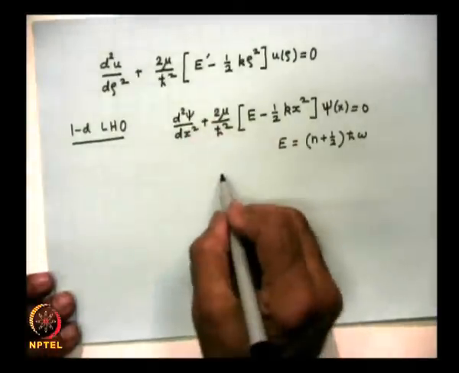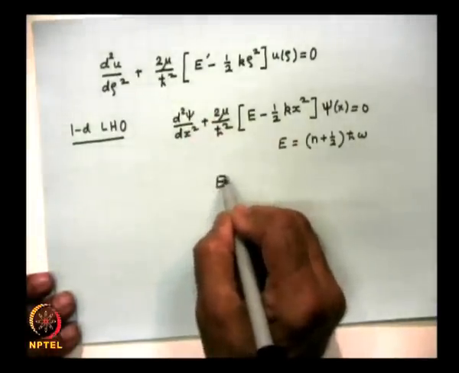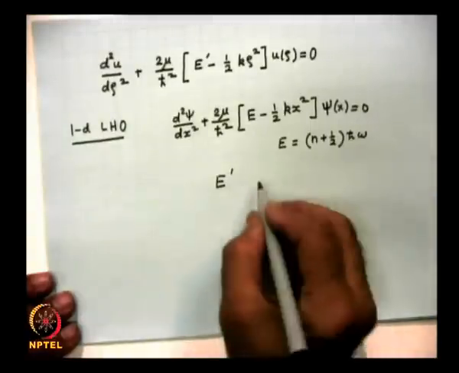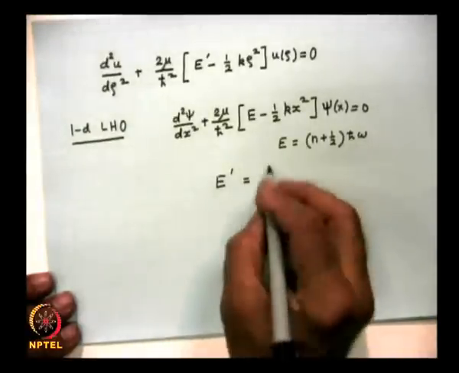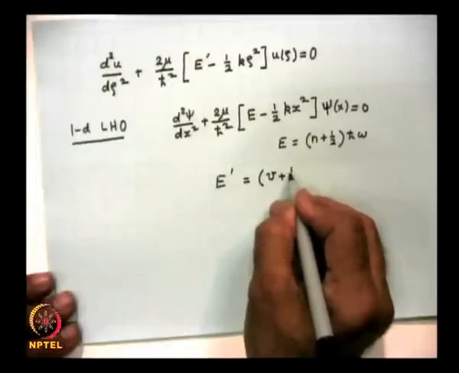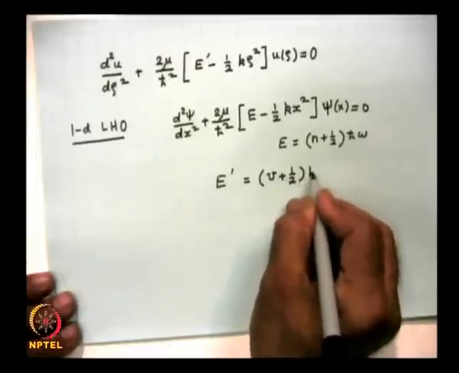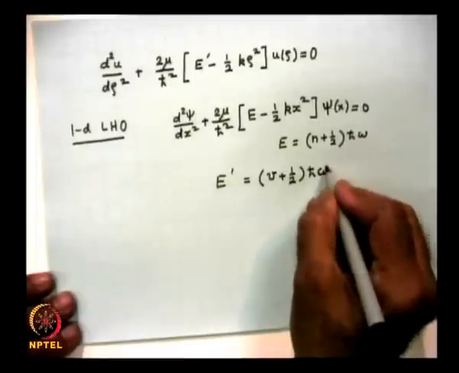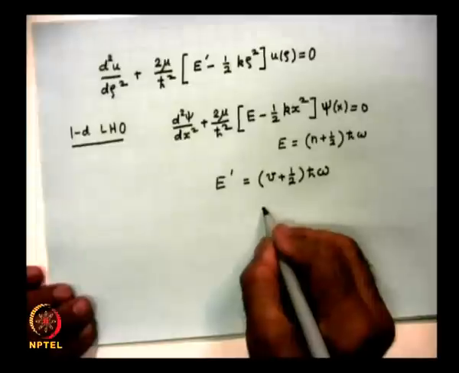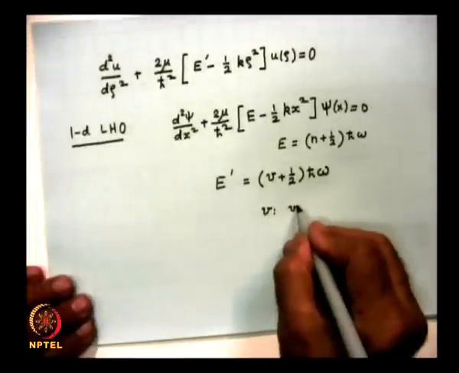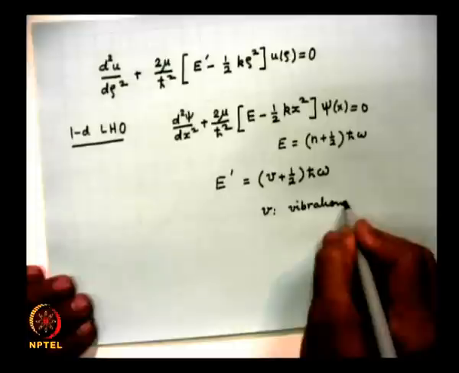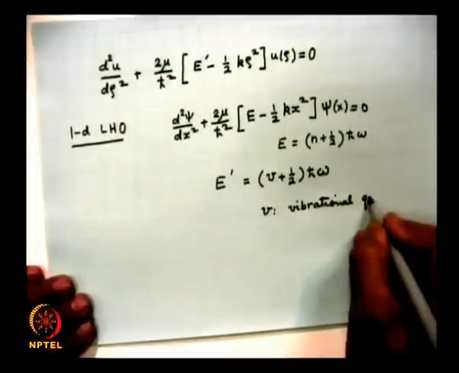Here we will write E prime, where n is equal to 0, 1, 2, 3, etc. Here E prime we will write, instead of n, the vibrational quantum number: V plus half h cross omega, where V is known as the vibrational quantum number.